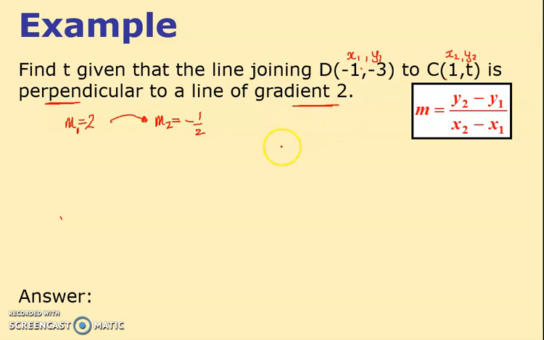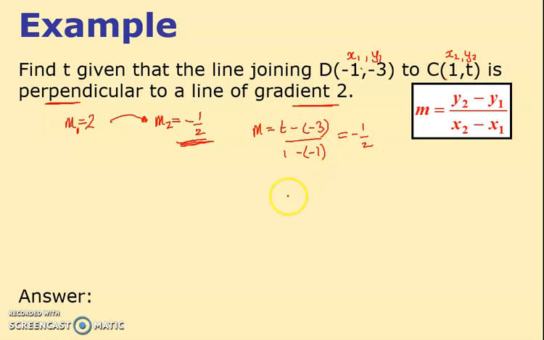And my gradient of these two points, I'm going to write as m is the y's first, remember, so I'm going to do t minus -3 again, we had one like that just now, and it's 1 minus a -1, so we've got a couple of minuses. And we know, of course, that this equals -1/2.